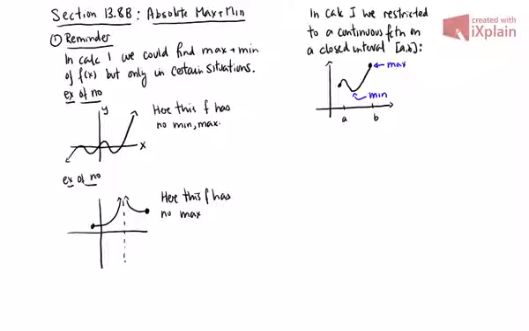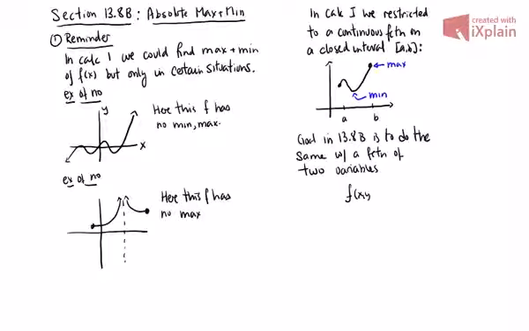So the question then becomes, the goal in 13.8B is to do the same with a function specifically of two variables. So that's f of x, y. The question to think about is how do we restrict the x and the y's, right?